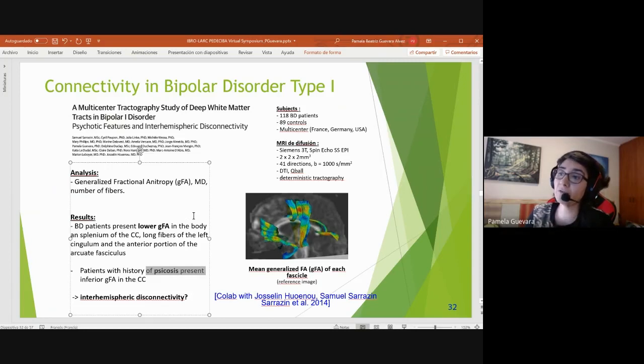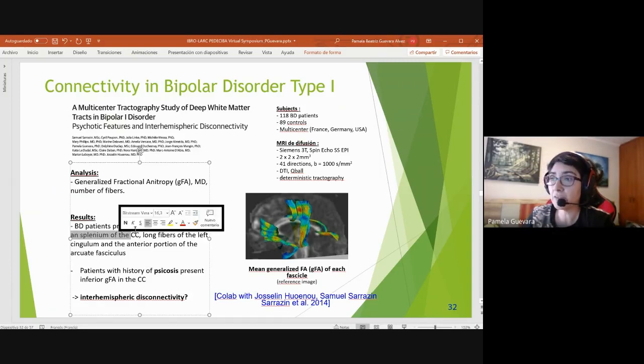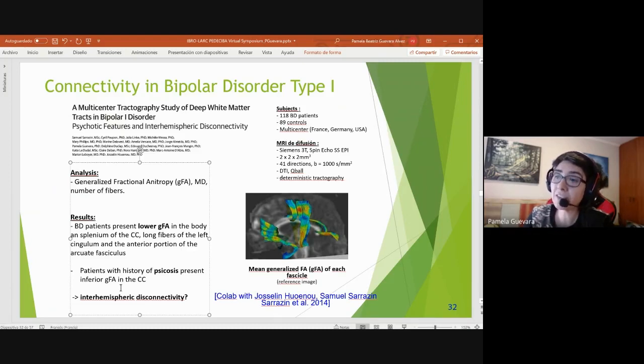And what was found is that some bundles had a correlation, a lower FA correlated with psychosis, mainly in the corpus callosum. And this is only an example of the studies that can be performed and how the information can be associated.